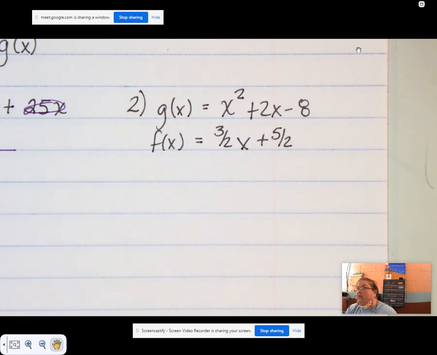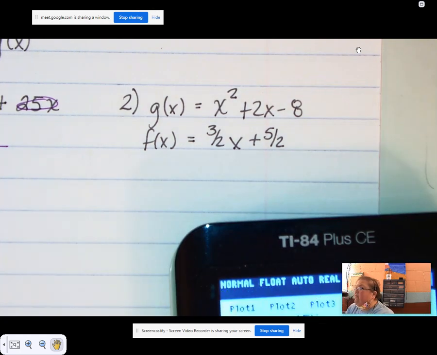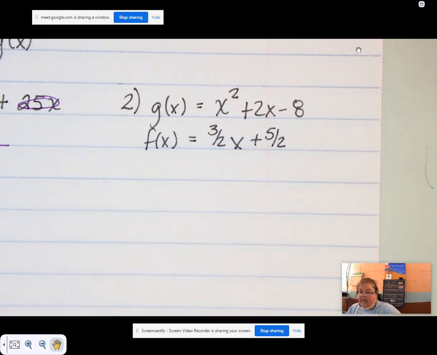Because on your calculator, it's not going to give you decimals every time. If you type them in as fractions, it should give you fraction answers. But that is something to consider with these. Substituting them in. Okay? Alright, turn the page.